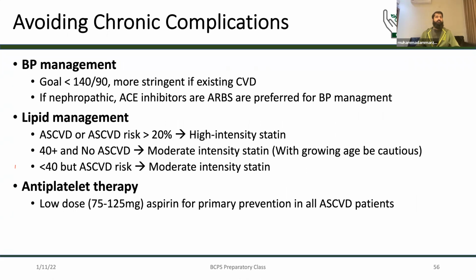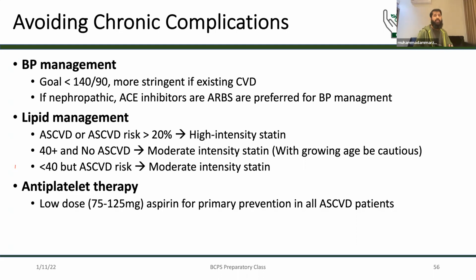So as you remember, the primary goal of treatment in diabetes is to prevent long-term complications. And to control long-term complications, it's important to manage the blood pressure and lipid profile of the patient. For BP management in diabetic patients, the goal is 140 by 90, with more stringent BP recommendations if there is existing cardiovascular disease.